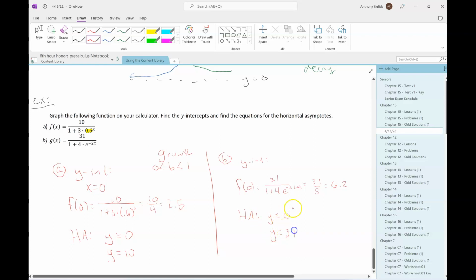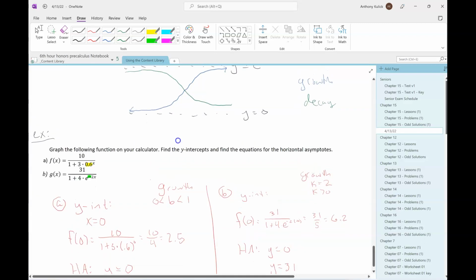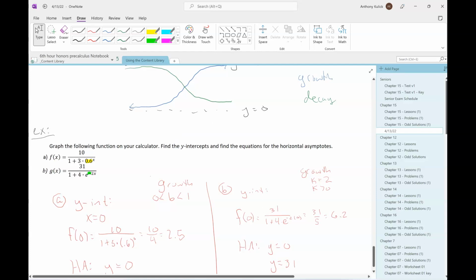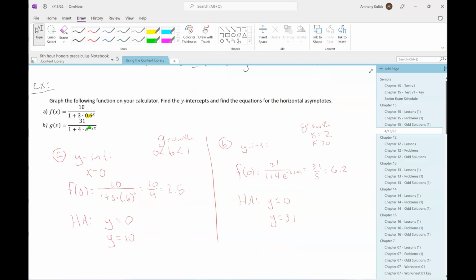Very good. And then is this guy growth or decay? This one is also growth, because what is the value for k? K is 2, not negative 2. Why is it not negative 2? The negative sign is part of the formula. Yeah. I wanted to make sure I hammer that because it tricks students all the time.